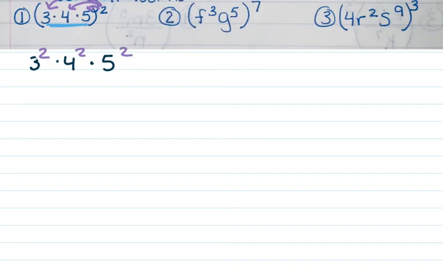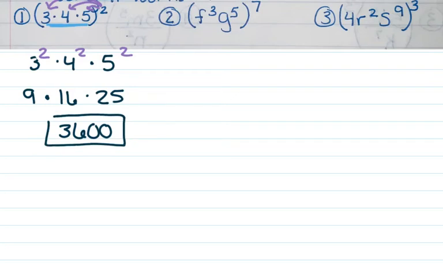We can simplify this further. So this would be 9 times 16 times 25. And then we can multiply all of that, and you can type that in your calculator. You would get 3,600. If the directions say to leave it as exponents, that would be the answer up here.